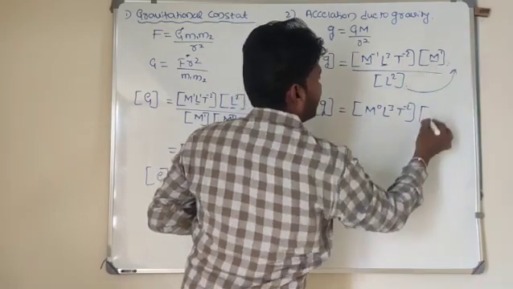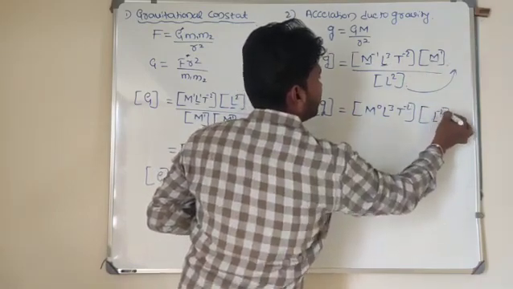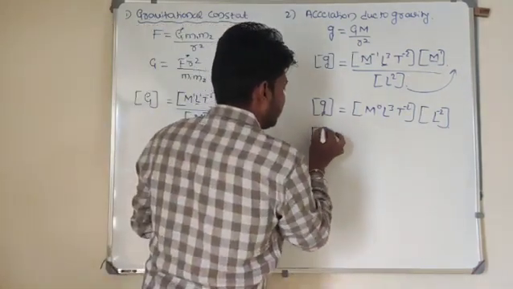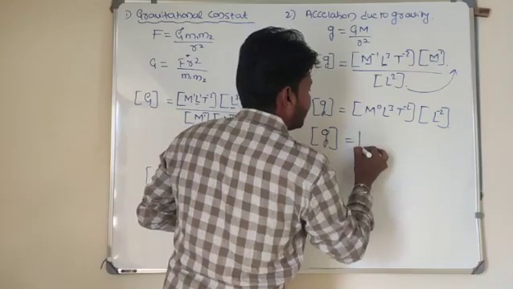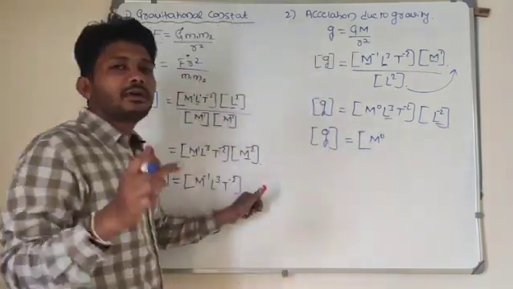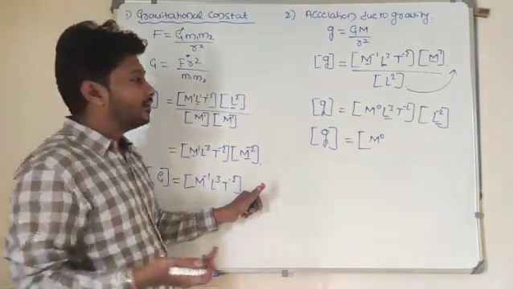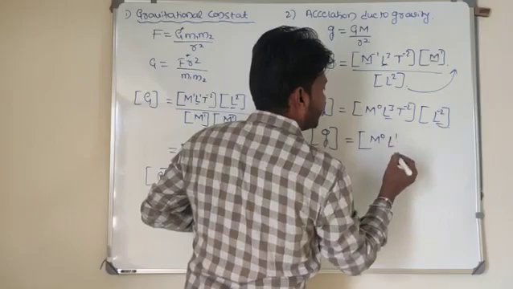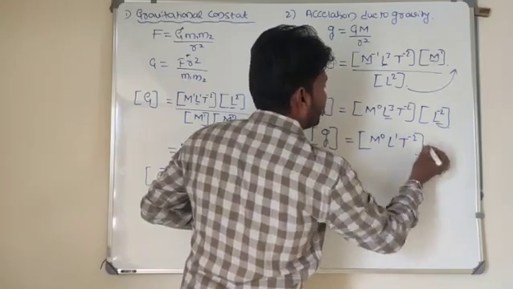L square goes to the numerator, so that is L to the power of minus 2 here. So look here. Acceleration due to gravity is M to the power of 0, L to the power of 3 minus 2, so L to the power of 1, T to the power of minus 2.